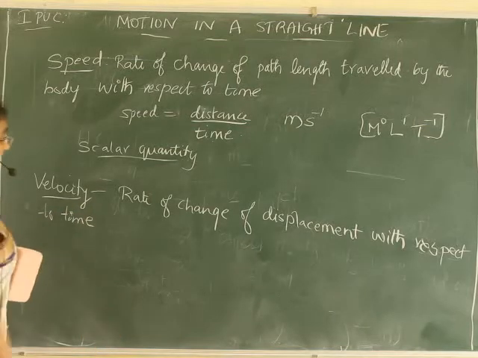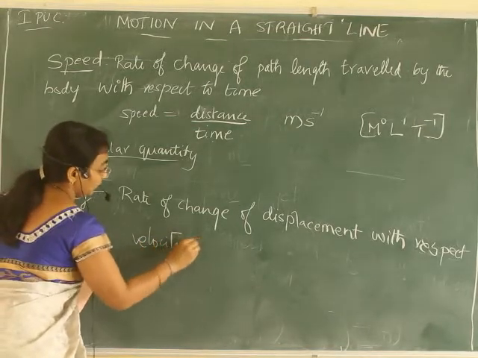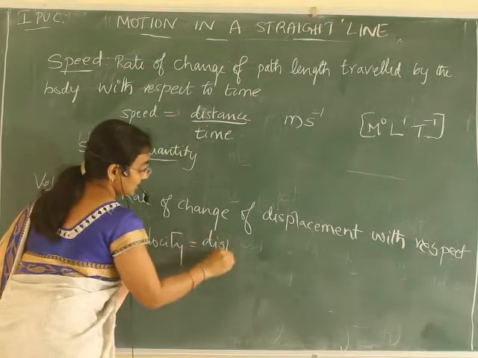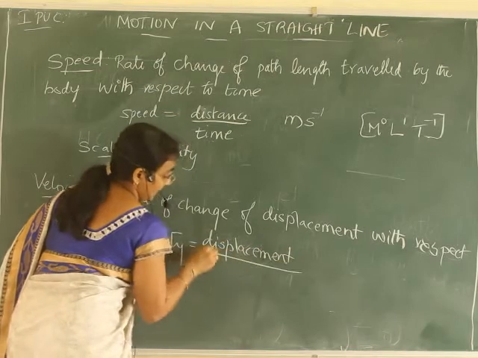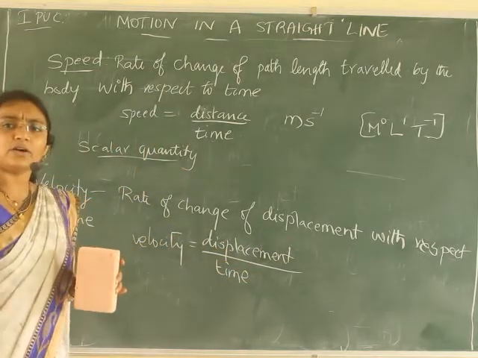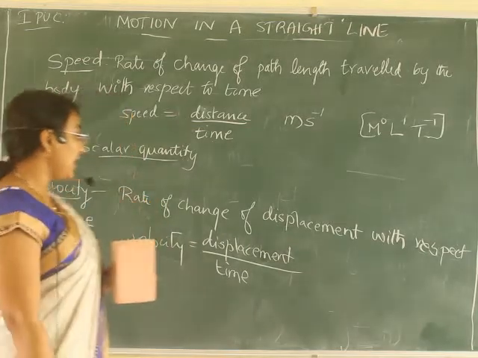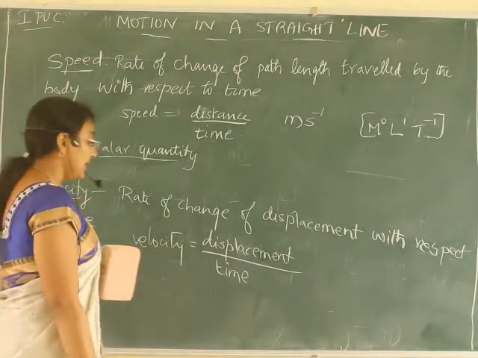That means I can write velocity is equal to displacement by time. These are the basic concepts which you have learnt in your high school, correct? So velocity is equal to displacement by time.